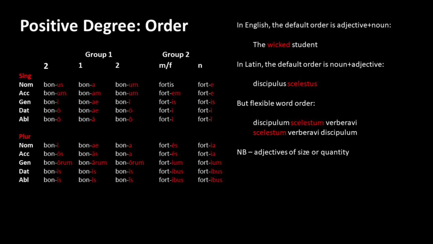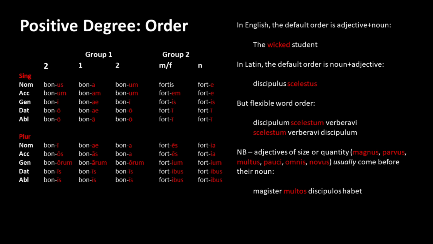that adjectives of size or quantity, and here are the main ones: magnus, great or big; parvus, small or little; multus, many or much; pauci, few; omnis, all; novus, new. These usually come before their noun. So we have these examples. Magister multos discipulos habet. The teacher has many students.